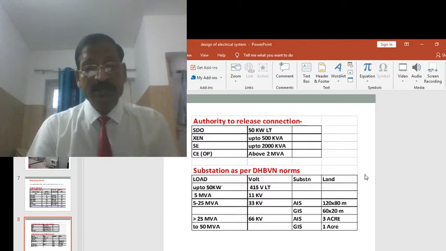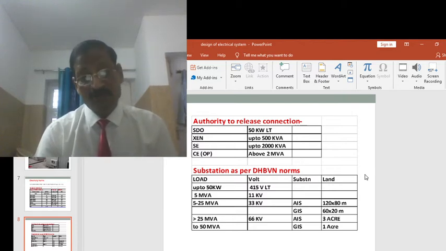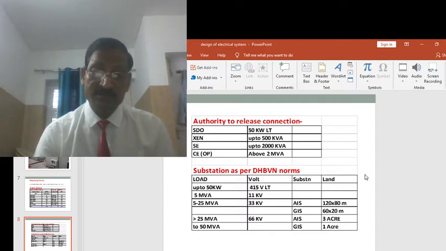For releasing the electrical connection, there are certain powers in the authority. For example, if our load is 50 kilowatt, then the SDO of the concerned area can release the LT connection.